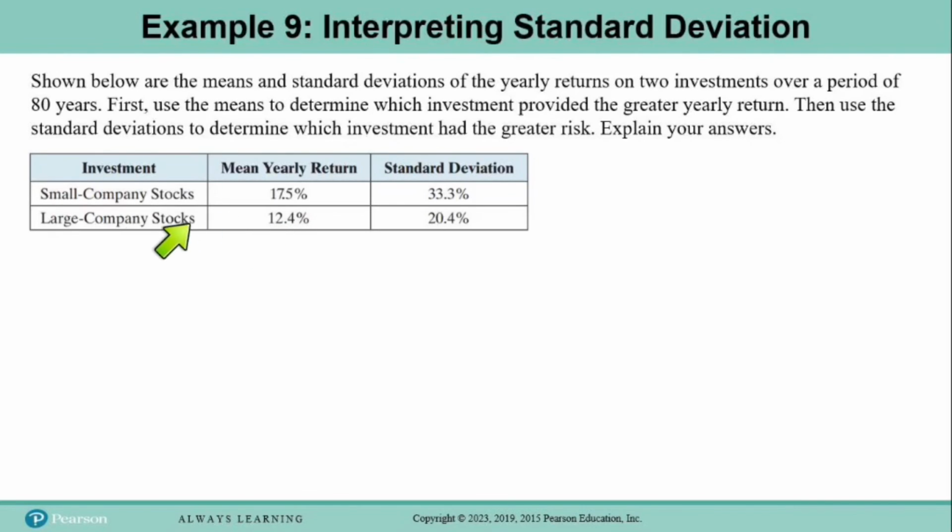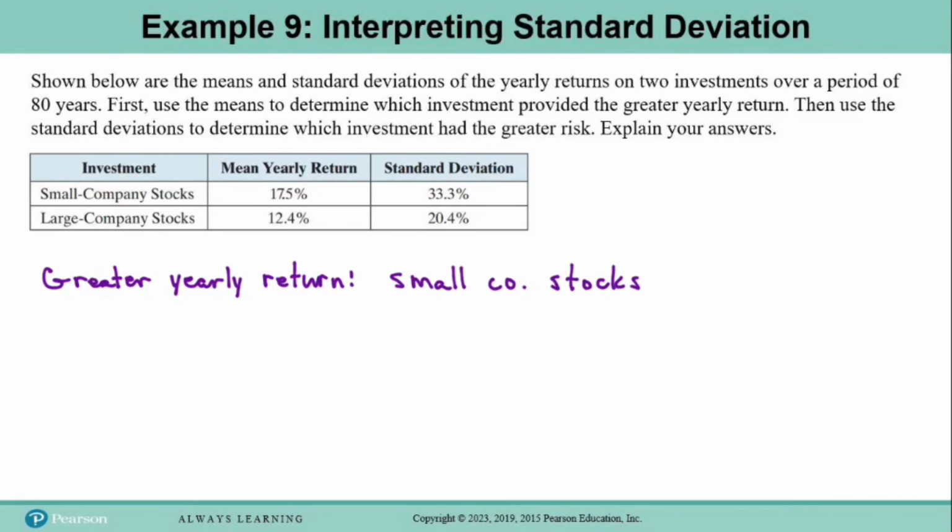Now, it doesn't mean that everybody who invested in these stocks got back this return, but it's just an average. That's why it says mean yearly return. So since $17.5 is better than $12.40, we can go ahead and say that the greater yearly return goes to the small company stocks. Their investors got a greater profit on average than those who invested in the large company stocks.